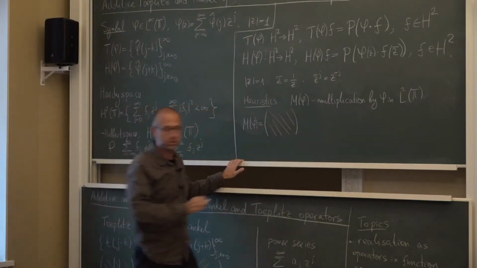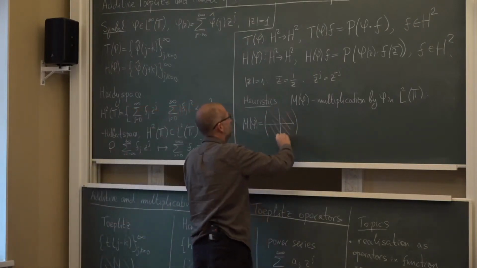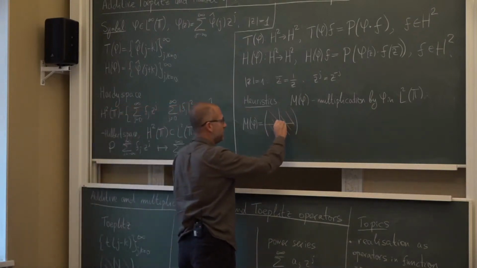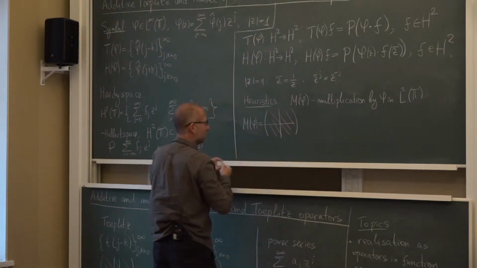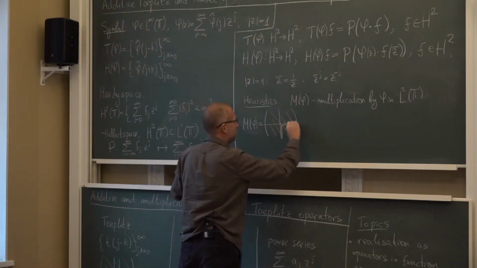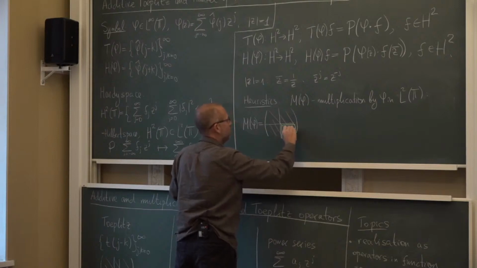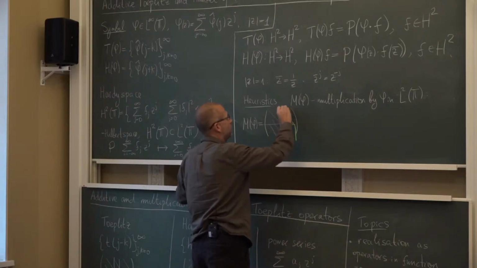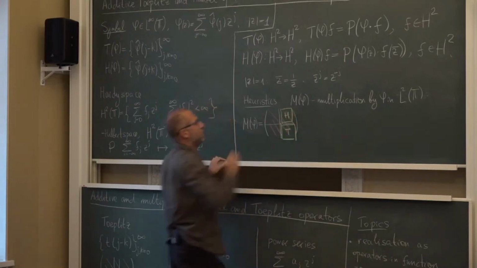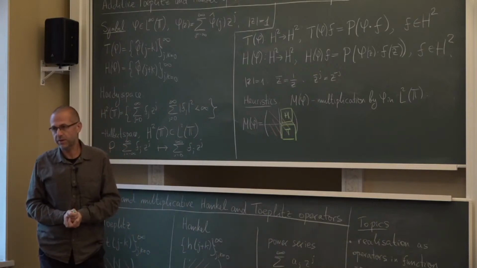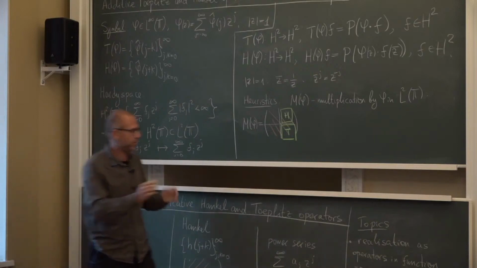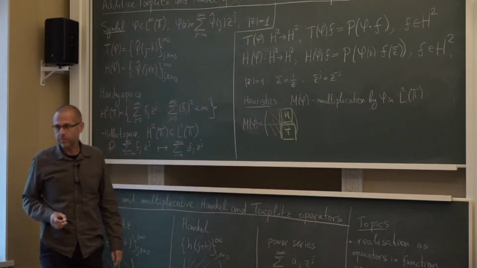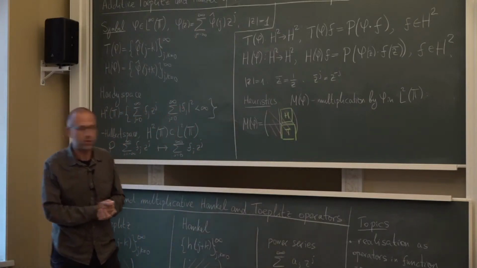But when I split L2 into the analytic and anti-analytic part, here I get Toeplitz, and here I get Hankel, something like this. This is heuristics. You have to make it a little bit more precise, but roughly speaking, that's what's going on.